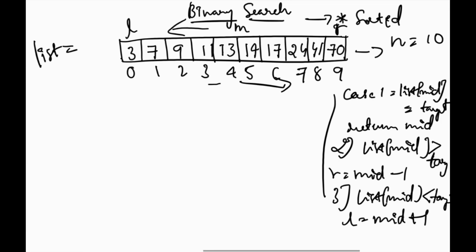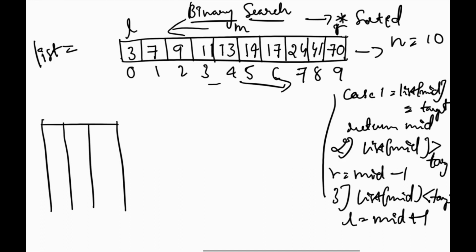Okay, so let us check it for each case. Let us make the columns for left, right, and mid. So this is left, this is right, and this is mid.